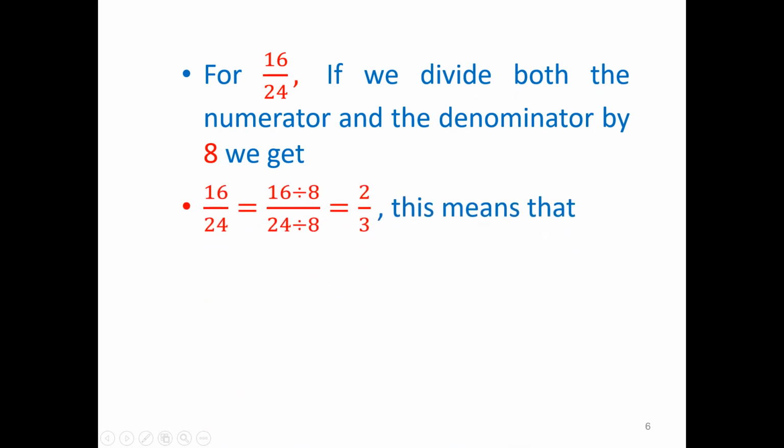If we divide both the numerator and the denominator by 8, 16 divided by 8 is 2, and 24 divided by 8 is 3. So these two fractions, 16/24 and 2/3, are equivalent. And this fraction, 2/3, is called the fraction with the lowest terms.